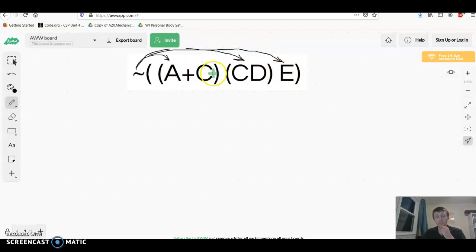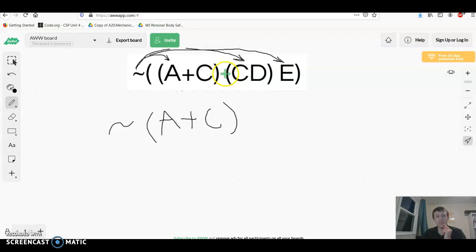Now there are 3 elements here. De Morgan's law can work with more than 2 elements. As many elements as you want, as long as they're within your parentheses like this, it's going to be perfectly valid. So how do we do it? We negate the first element, not A or not C. Remember, the plus just means or.